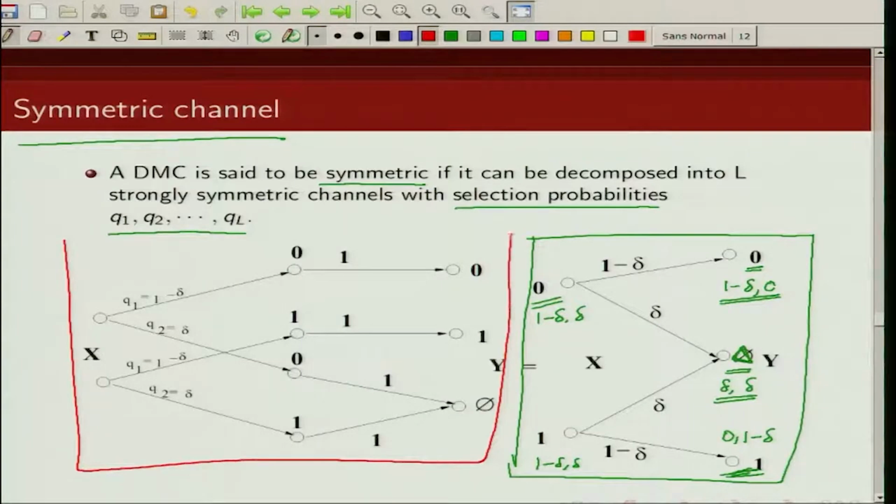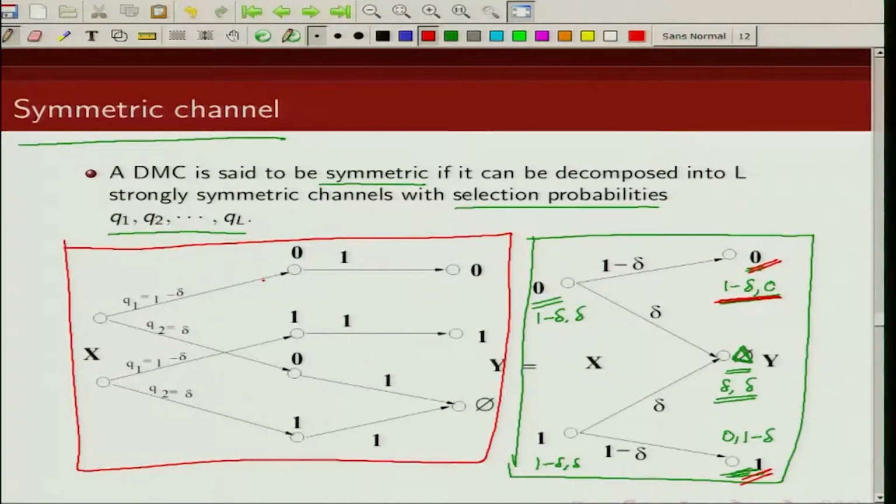So this is not a strongly symmetric channel, but it can be decomposed into strongly symmetric channels. Now look here. If you noticed, these outputs 0 and 1 have the same focusing, because these probabilities, when arranged in decreasing order, are 1 minus delta, 0, and 1 minus delta, 0.